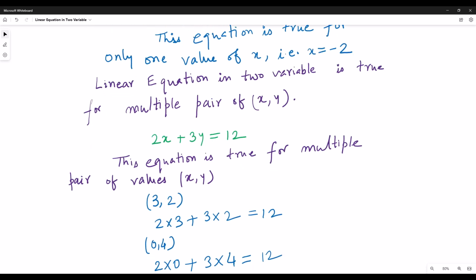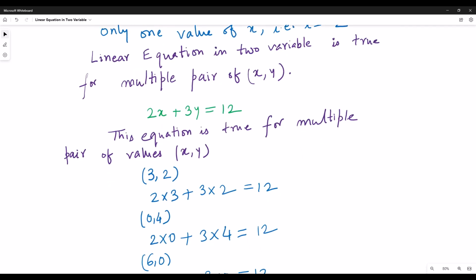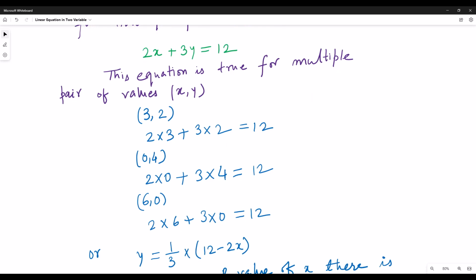So 2x plus 3y equals 12 is true for, you can see some examples, (3, 2), (0, 4), (6, 0). You put x equals 3, so 2 times 3 plus 3 times 2. Okay, x is 3 and y is 2, so that is 12. Like x equals 0 and y is 4, so 2 times 0 plus 3 times 4 is 12.